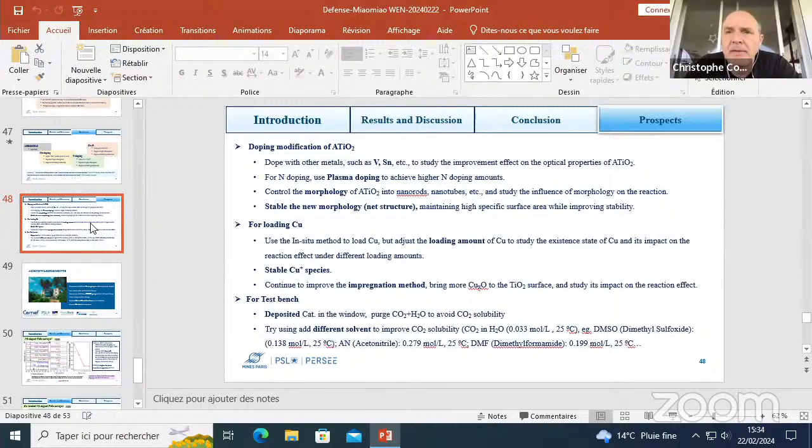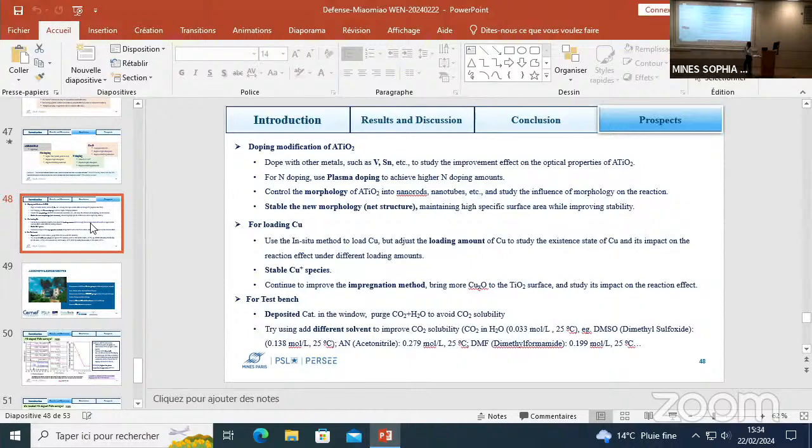So the first problem is economic, it means that it's too expensive, but also maybe the amount. You cannot treat a lot of carbon dioxide. Actually, it's also a long-time issue for photocatalysis.